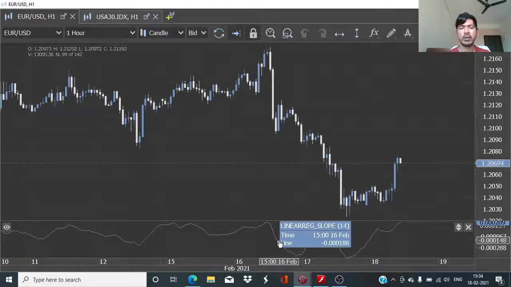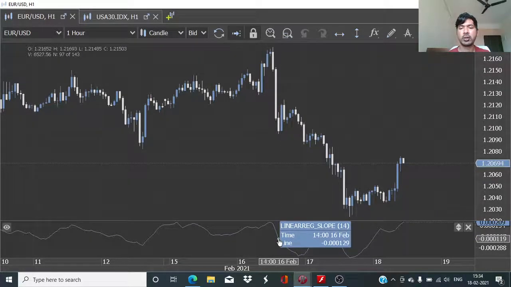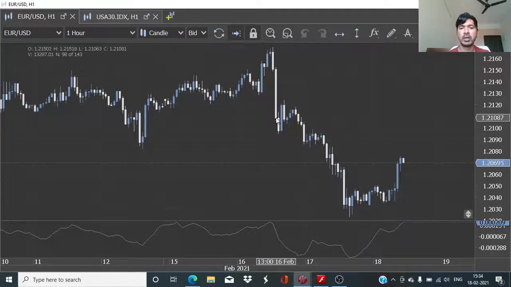So the basic requirement is this linear regression slope crossing below 0, and then of course the minimum volatility should be there. So we will be looking at the last hourly candle's close difference. The 14 GMT candle closing value will need to be deducted from the closing value of the historical candle 5 hours back with the look back period of 5.